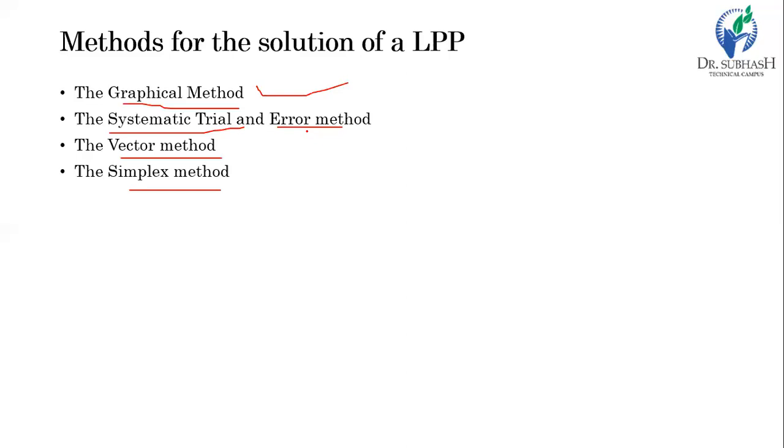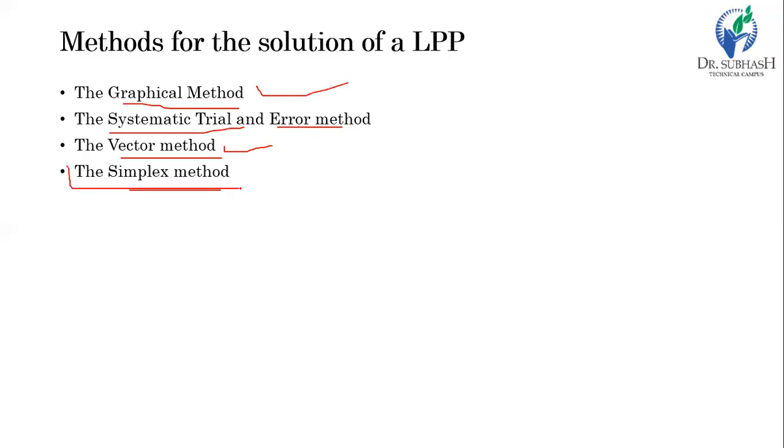By this method we can get the optimal solution. Another is the vector method, also called the matrix method, in which all the constraints and decision variables are converted into matrix form, and then we go for the optimal solution.